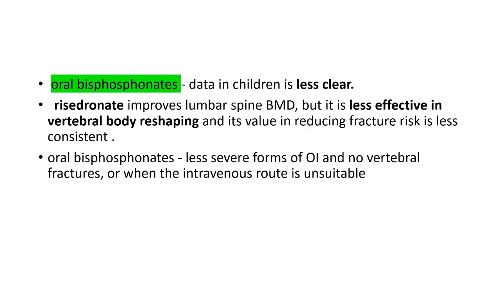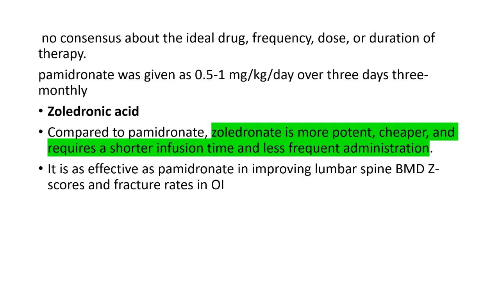Oral bisphosphonates, the data in children is less clear, and risedronate has been used but is less effective in vertebral body reshaping, and its value in reducing fracture risk is less consistent. Oral bisphosphonates are used only in cases where the intravenous route is unsuitable or in less severe forms of osteogenesis imperfecta.